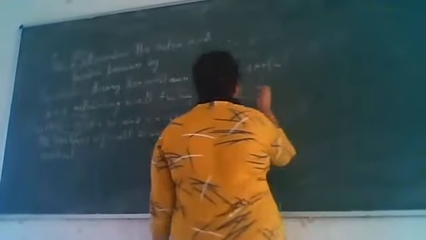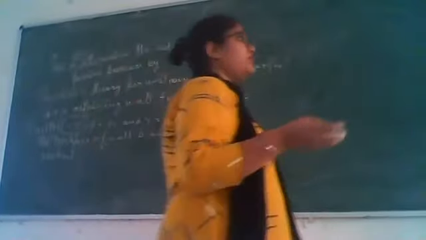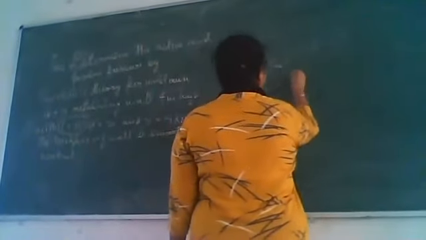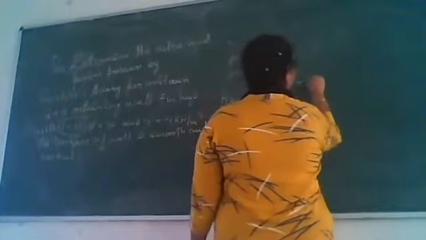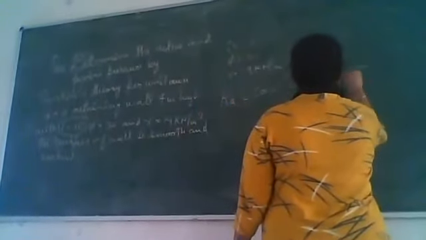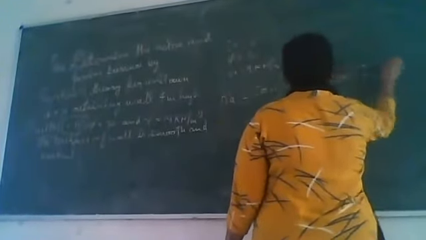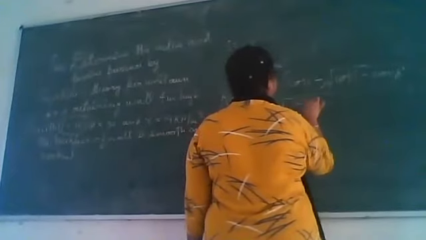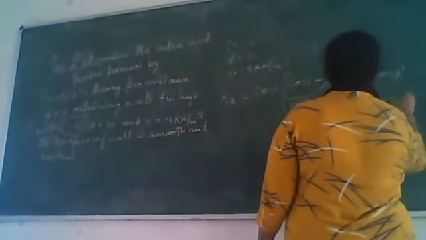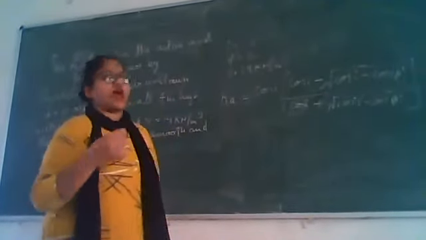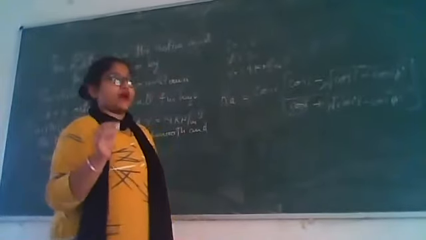The formula for the inclined backfill is Ka equals cos I multiplied by cos I minus under root of cos square I minus cos square phi dash, divided by cos I plus under root of cos square I minus cos square phi dash. This is my formula for coefficient of active pressure in the inclined backfill case.